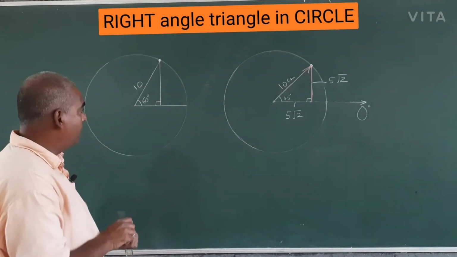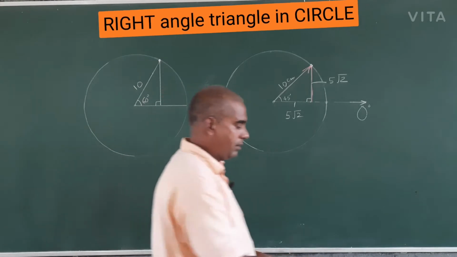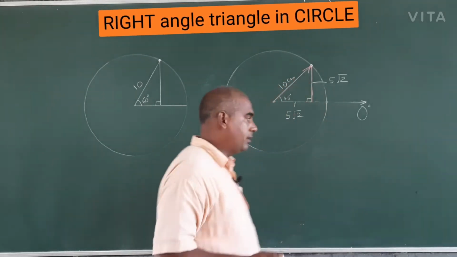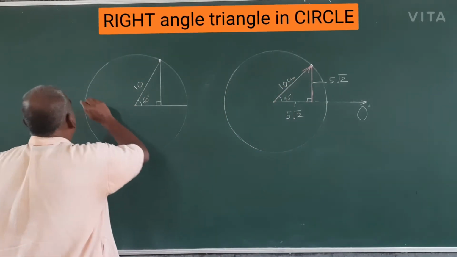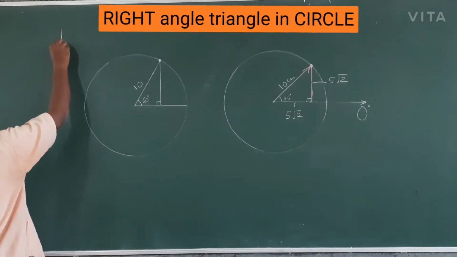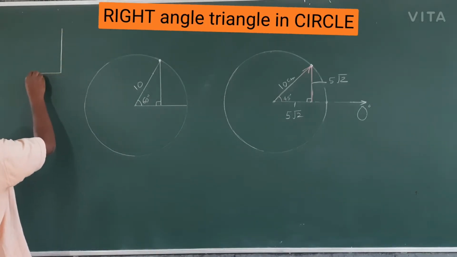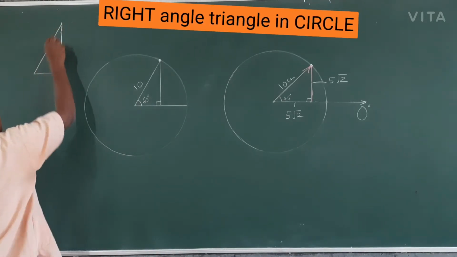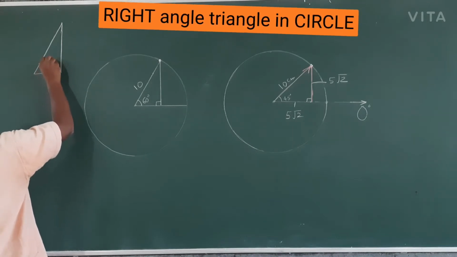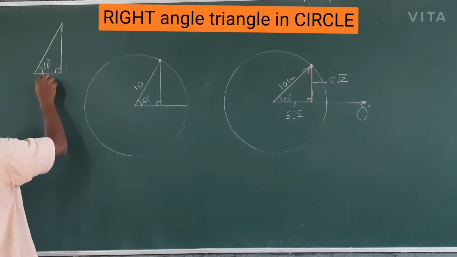According to the theory, it should be what I have told you in my other video. For this type of triangle, this is 60 degree and this is 90 degree.